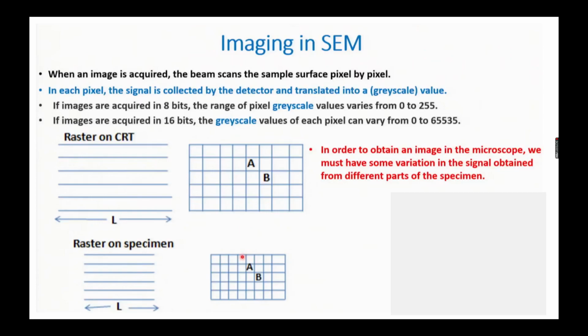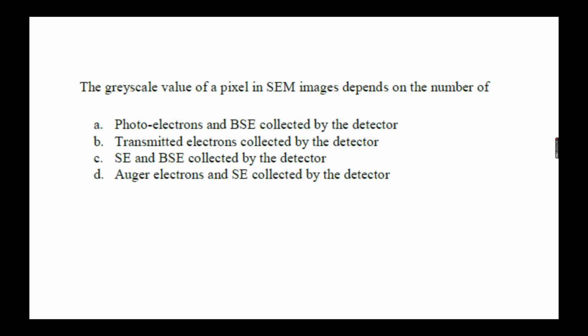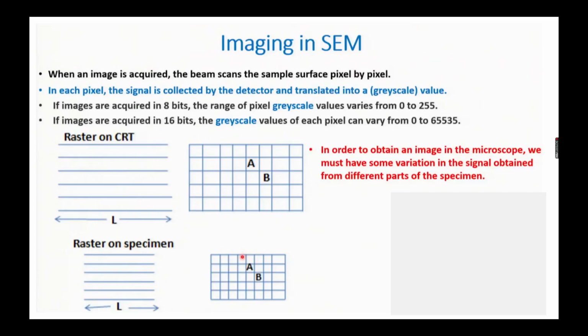When the beam is falling onto your sample, the secondary and the backscattered electrons are detected by your detector, and that signal will be translated into your grayscale value.